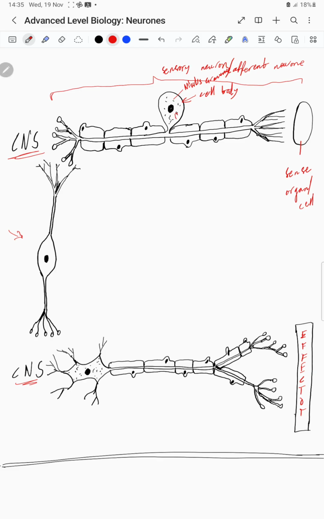Let's say maybe we have a mitochondria here. So this is the cell body.